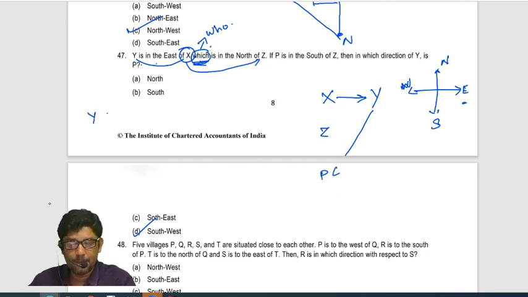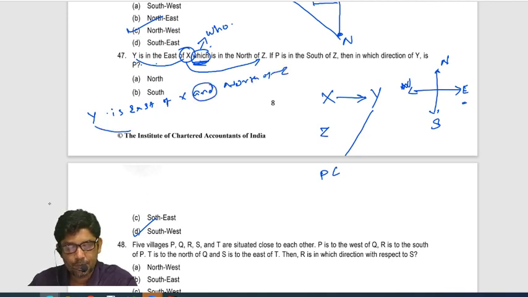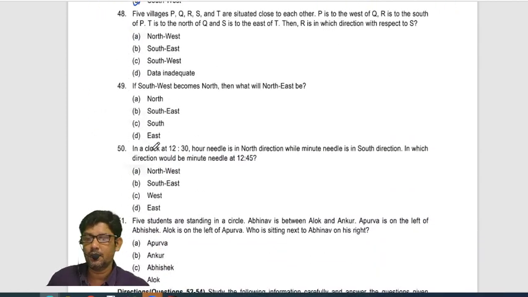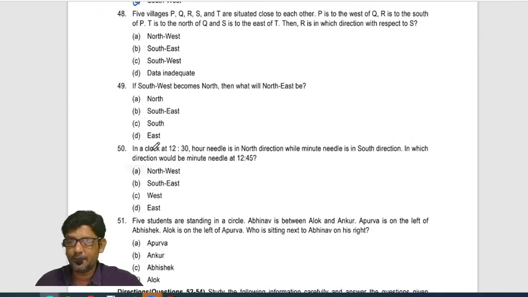For example, Y is east of X and north of Z. If this is like this and 'and' comes, Y is east of X and Y is north of Z. So this way we need to connect. See, logical reasoning, without this explanation, how could you solve it? This is very important in seating arrangement also.